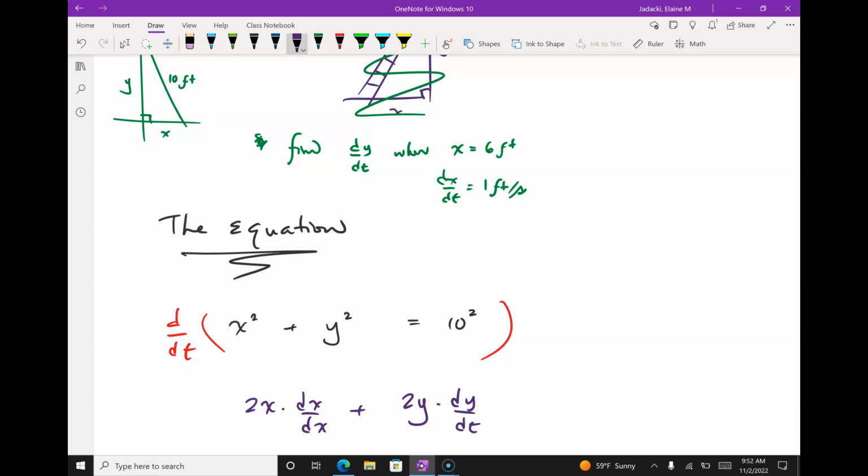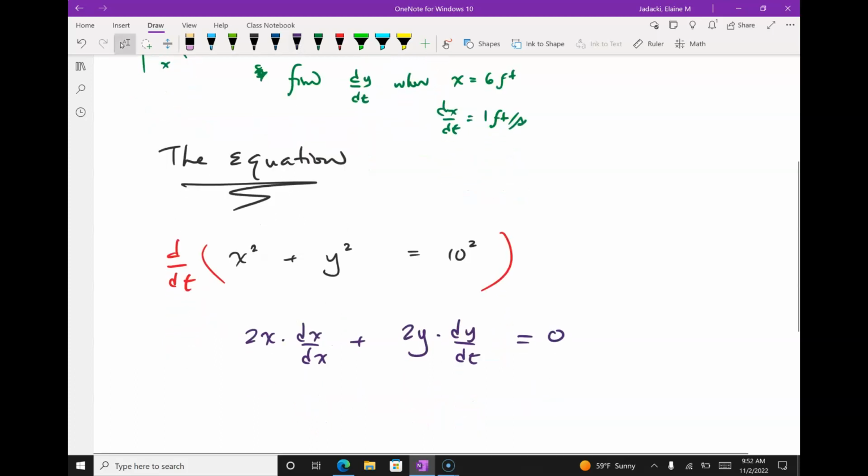Remember, with respect to time. Equals what? Nice. Beautiful. Look at all the variables I have. I have an x. I have a dx dt. I have a y. I have a dy dt. I have 4 variables.